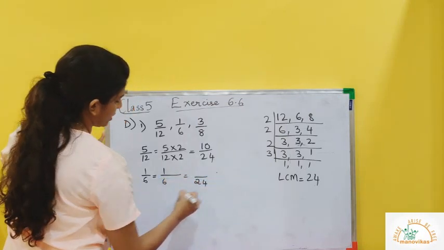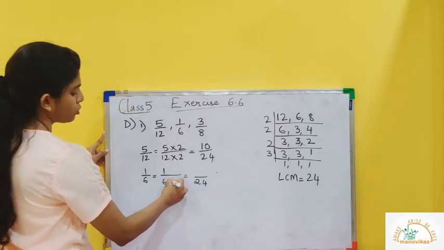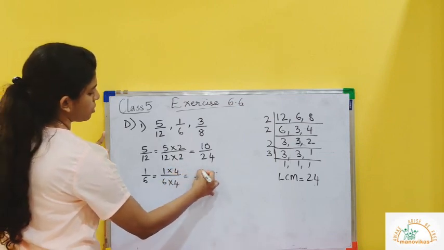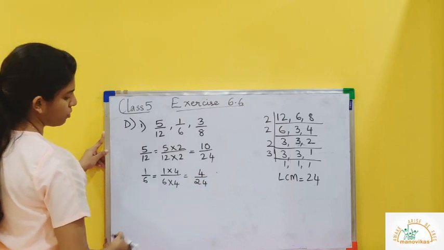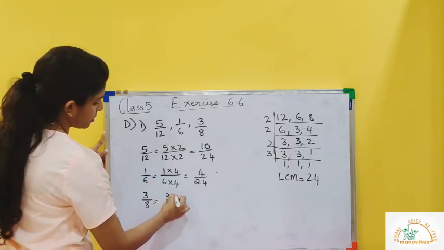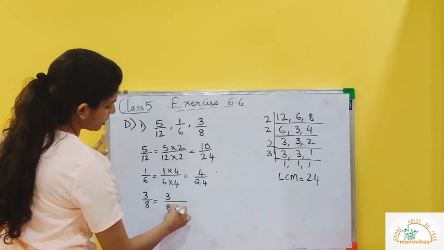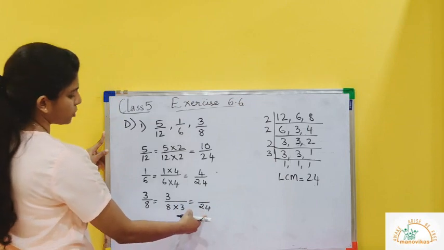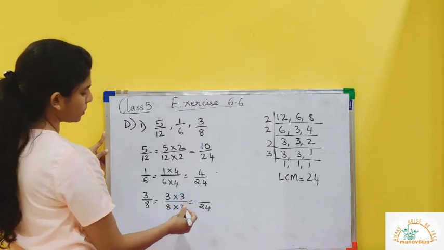This should be 24. 6 into 4, multiply by 4. So 4 upon 24. Next number is 3 upon 8. 8 3s will give me 24. Multiply by 3 in the numerator.